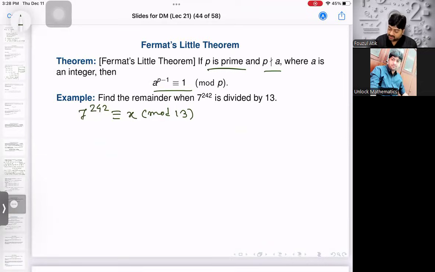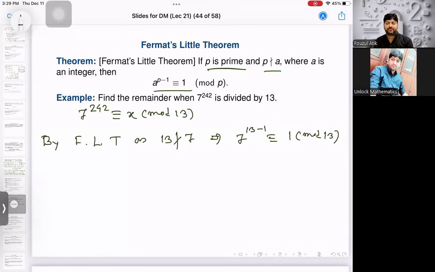So by Fermat's theorem, as 13 does not divide 7, this will imply that 7 to the power 13 minus 1 is congruent to 1 mod 13.